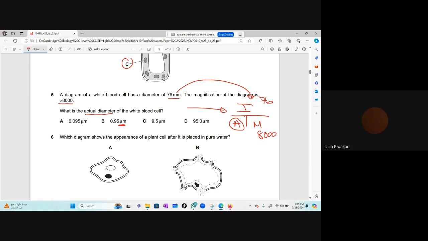What do I do? Times 1000. Yes, very good. So I have my calculator here with me. 76 times 1,000. This is 76,000 divided by 8,000, which is the magnification. The answer will be 9.5 micrometers.